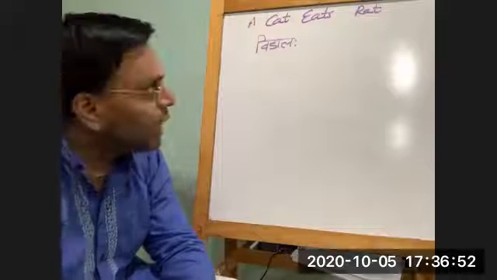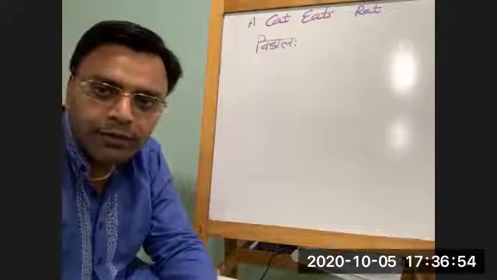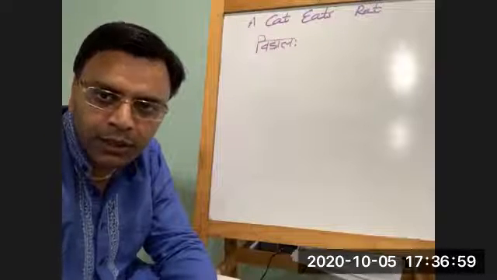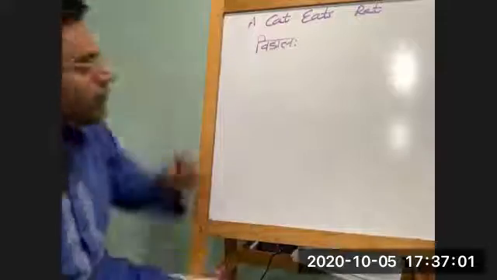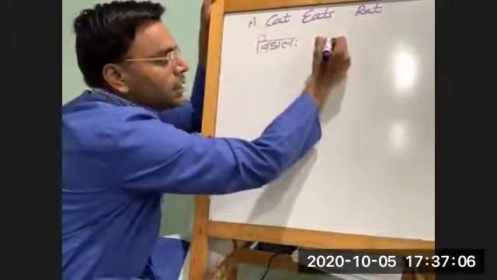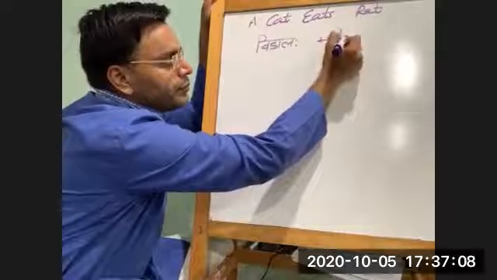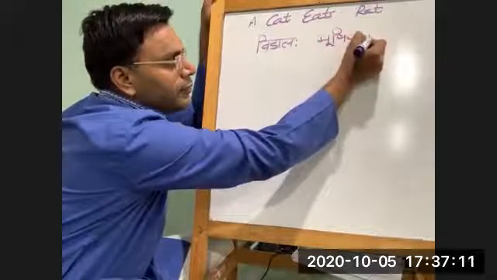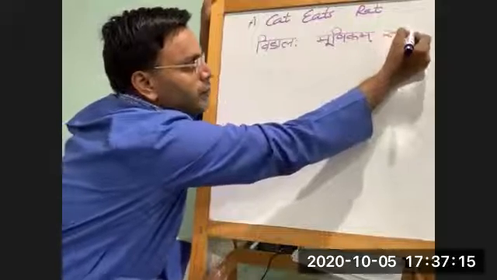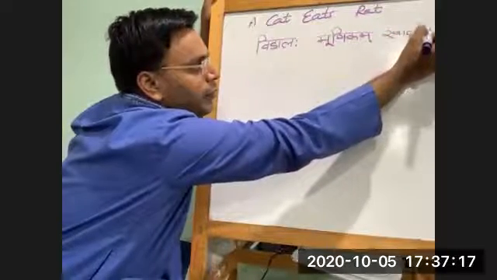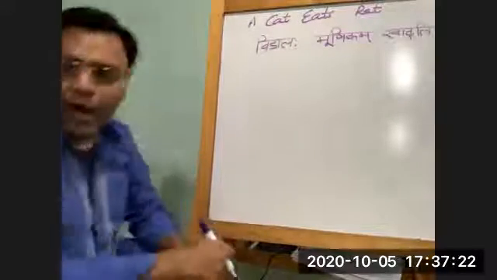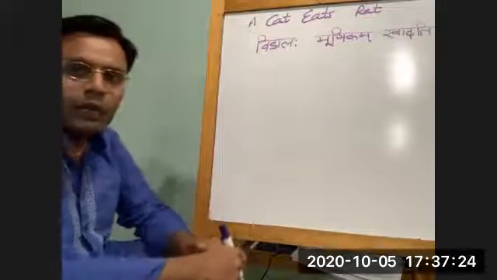But then we need to add the word for rat. Rat is Mushikah. So it will become Vidalah Mushikam khadati.